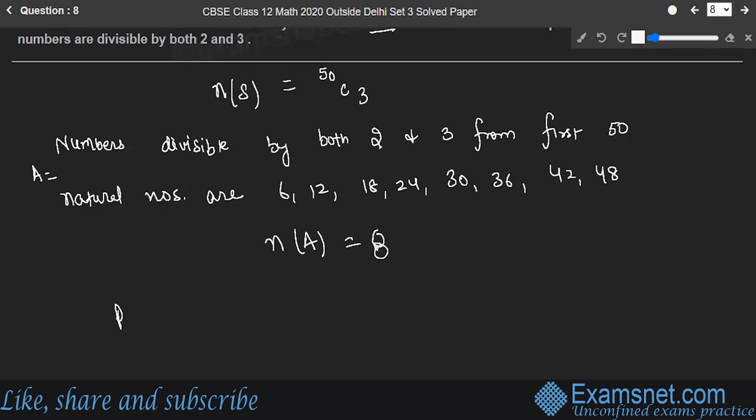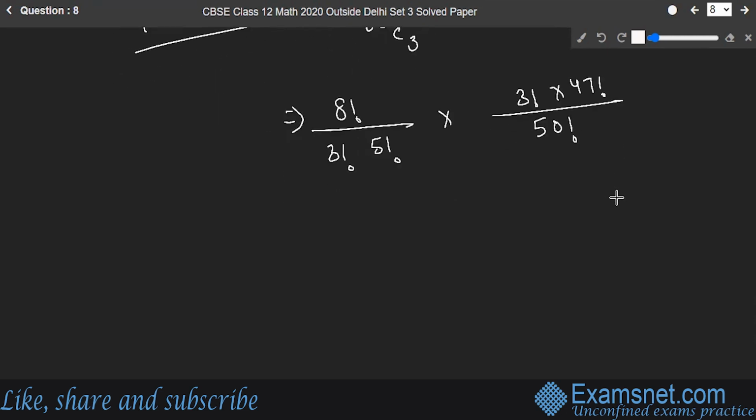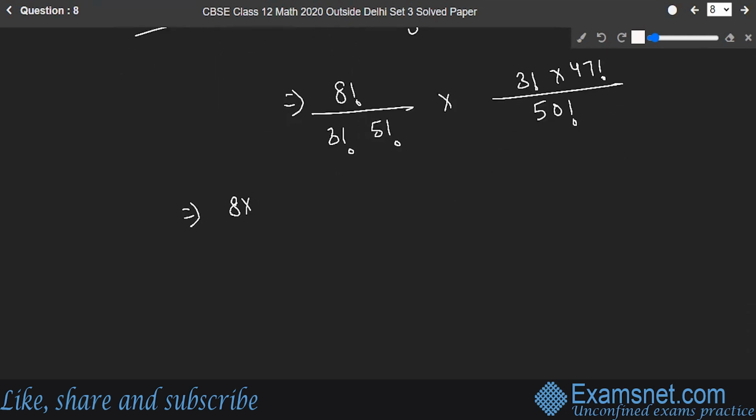Now the required probability. You have to choose 3 from these 8, divided by choosing 3 from 50. So this is equal to 8 factorial upon 3 factorial into 5 factorial, divided by 50 factorial upon 3 factorial into 47 factorial, which is equal to 8 into 7 into 6 upon 3 into 2, multiplied by 3 into 2 divided by 50 into 49 into 48.